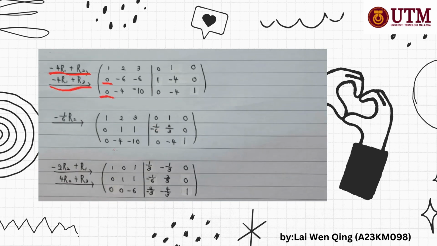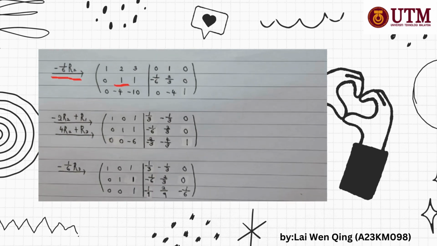Moreover, we should obtain a 1 in the second position on the leading diagonal. So we multiply negative 1 over 6 with row 2. Furthermore, we should obtain the zeros in column 2. So we multiply negative 2 with row 2 and add it to row 1 to get a 0 in row 1, and multiply 4 with row 2 and add it to row 3 in order to get the 0 in row 3.